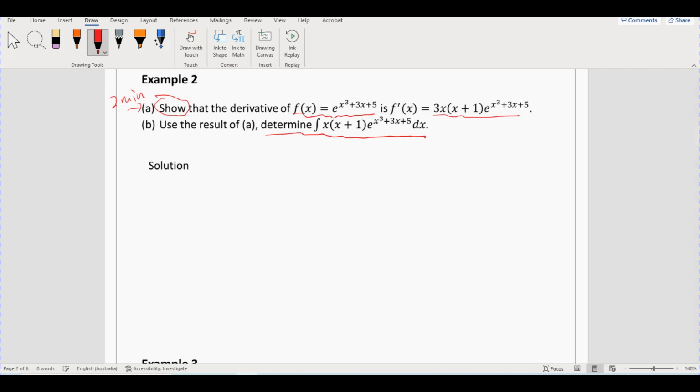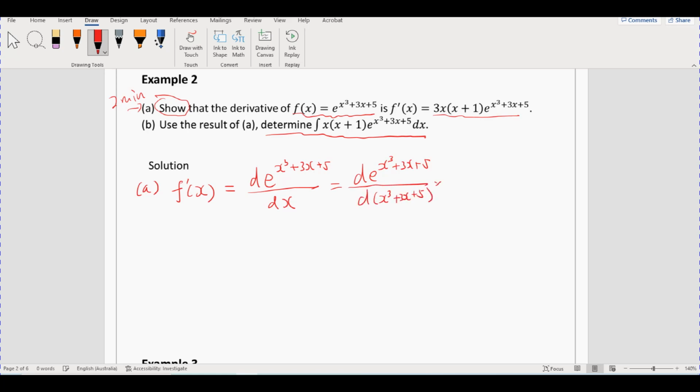Okay, let's say 2 minutes have passed. What I'm going to do is try to get the derivative of that function. Obviously you can't go straight, because there's x cubed plus 3x plus 5 in the exponent. That means you need to apply the chain rule.